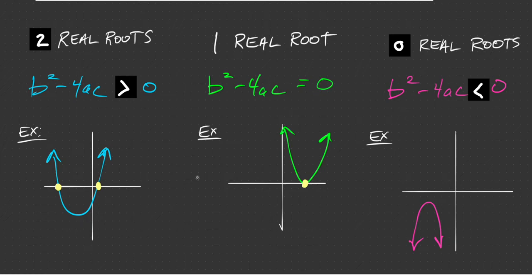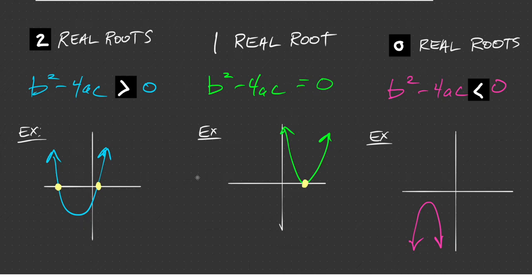But this is kind of what the pictures would look like. If you have two answers like normal, that's because your parabola crosses twice. This is what we did in 5.2 when we were graphing them in Desmos. You were supposed to look for x-intercepts. This is exactly the same as that, except you don't need to look at a picture to know what it's going to be set up like.